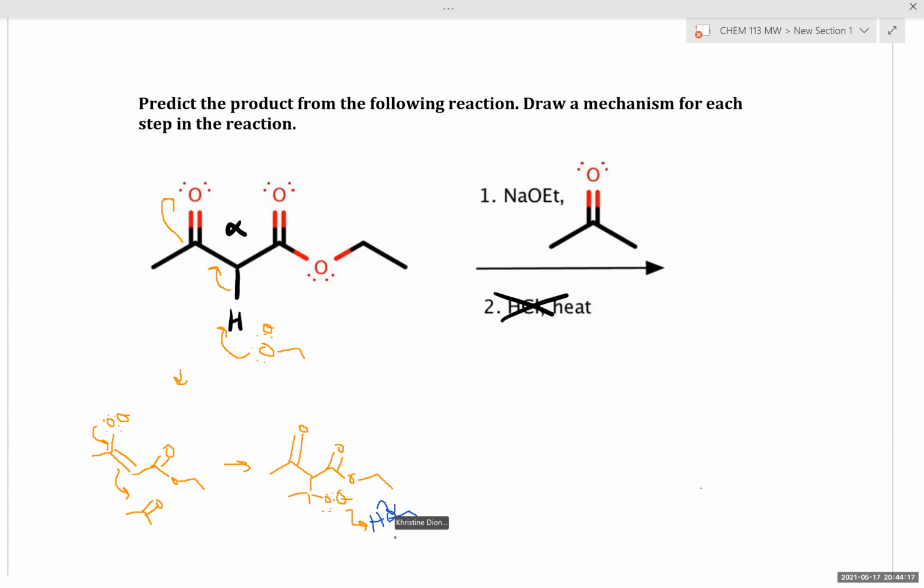So now we have our beta hydroxyketone. And we previously commented that these activated substrates, such as beta ketoesters, can eliminate readily under basic conditions. So we'll be able to draw our beta hydroxyketone and show that elimination step.